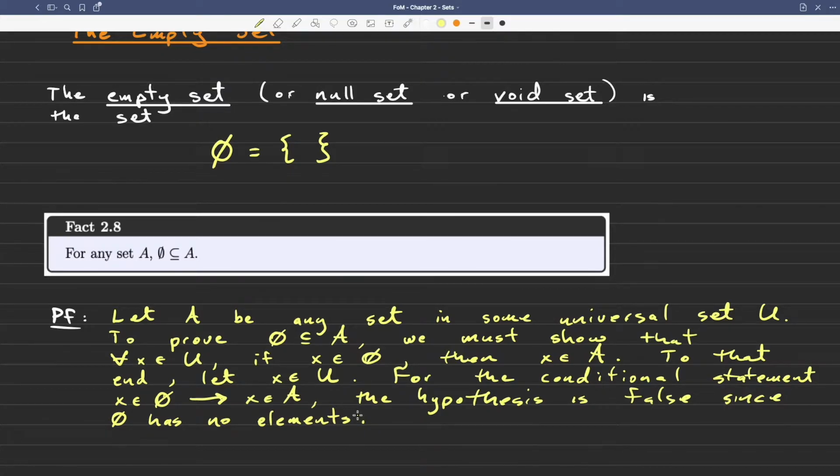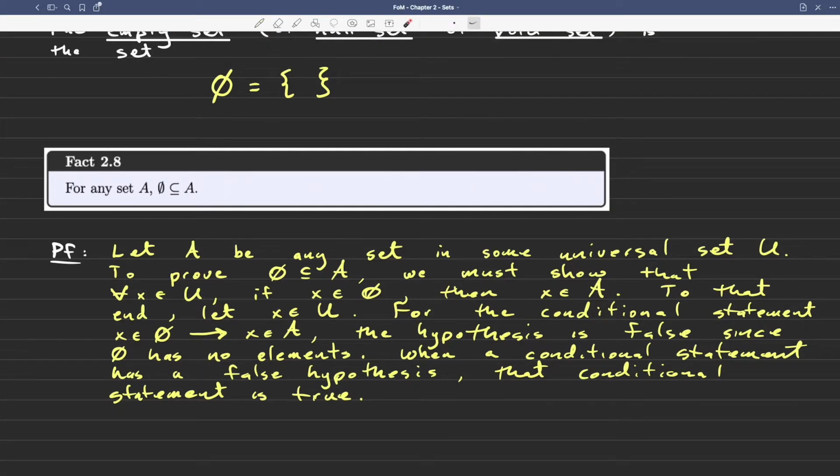Whenever you have a conditional statement whose hypothesis is false, the conditional statement on the whole is true. So the conditional statement we wanted to prove is true, just because its hypothesis is false. So we're done. Thus, the empty set is a subset of A.